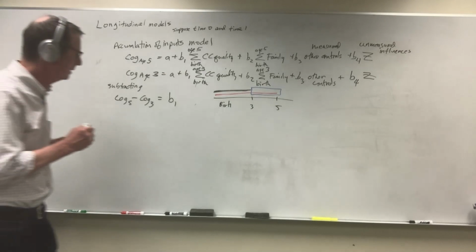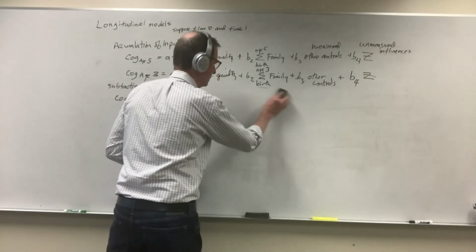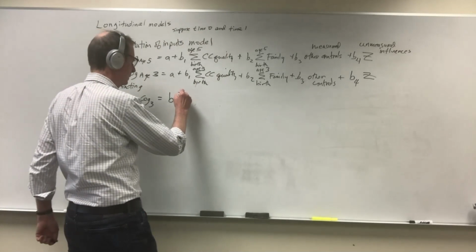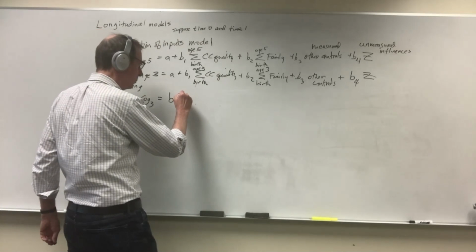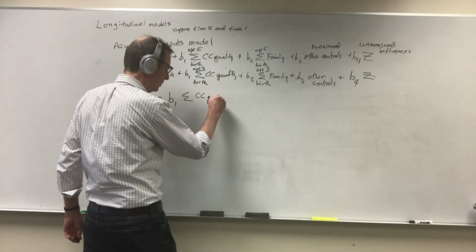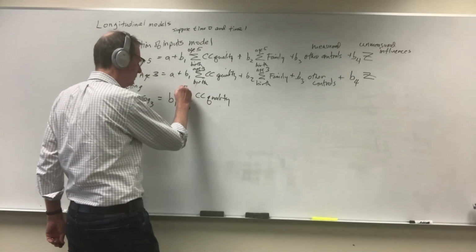Okay, so B1 is a coefficient on childcare quality running from age 3 to 5.